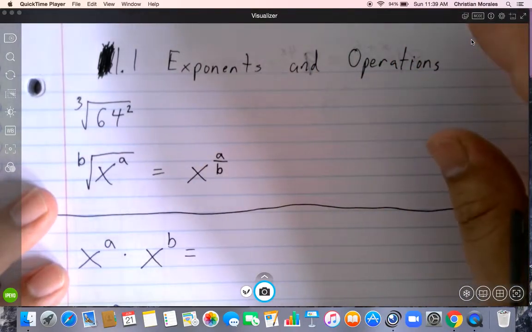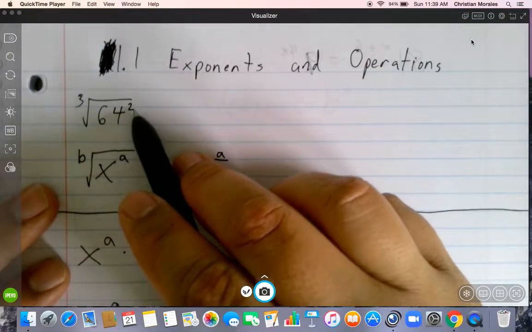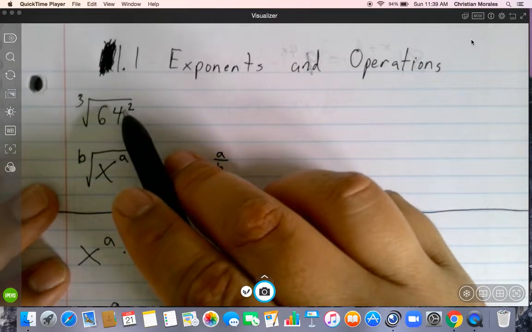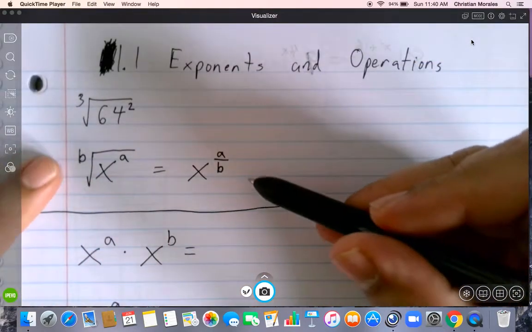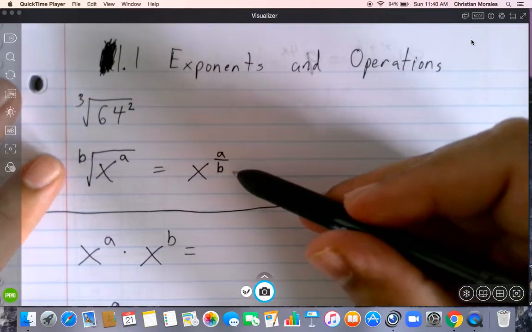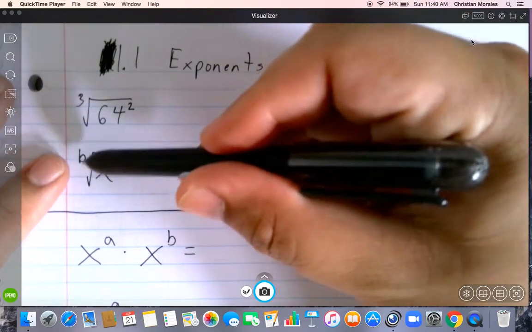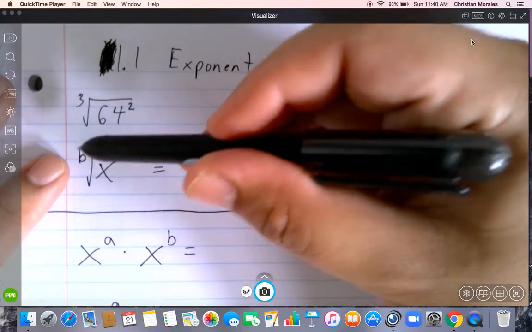Now, normally you have exponents like this. 64 to the second power means 64 times 64, right? But what if there is a root? So we're going to follow this as our pattern. The root can also be part of the exponent. The root, or in this case, this is a cube root, is the number that goes outside of the radical.